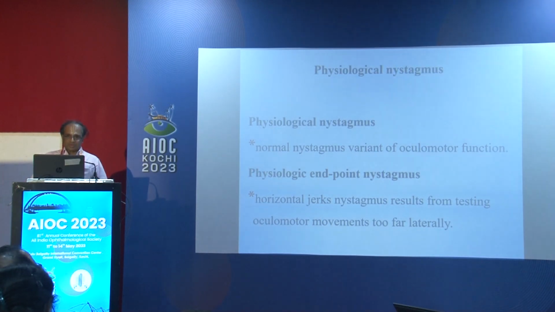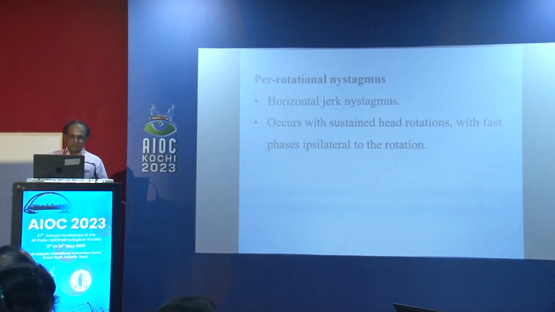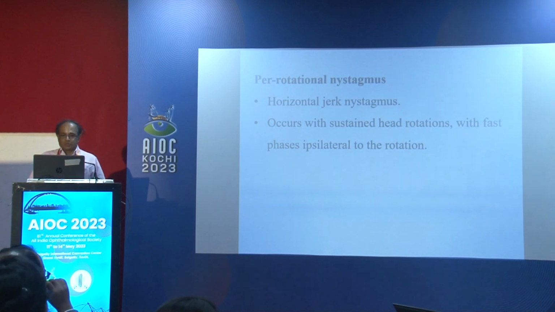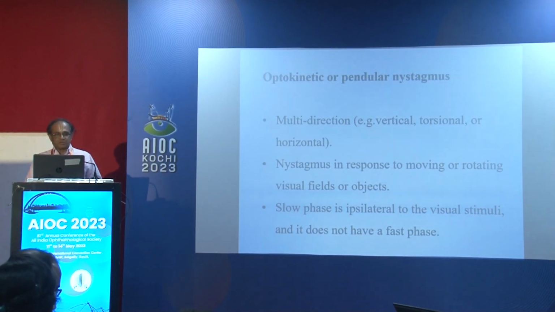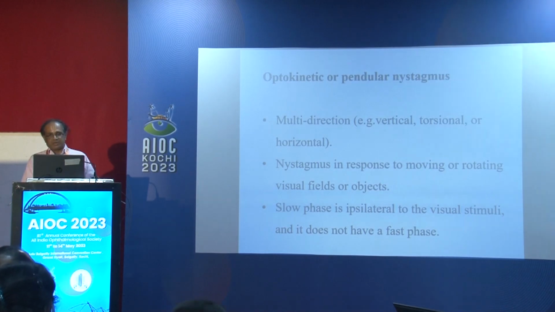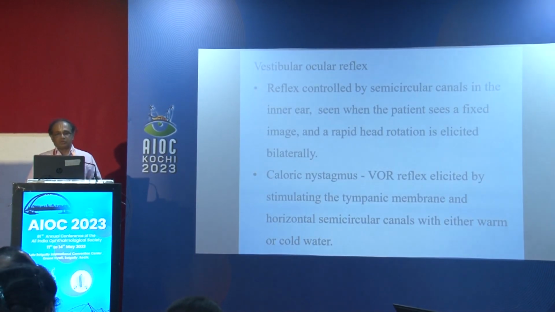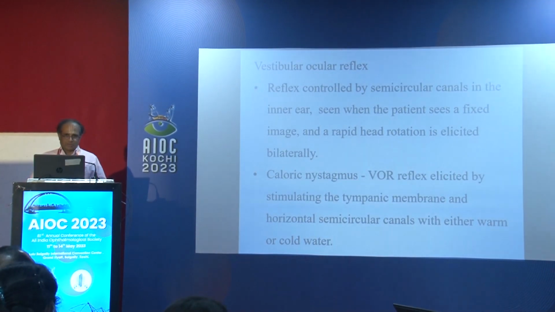So this is by taking the ocular movements far too laterally and trying to fixate. So this can be an optokinetic nystagmus. It is multidirectional and it is in response to a moving object, and slow phase is ipsilateral to the vertical stimuli.